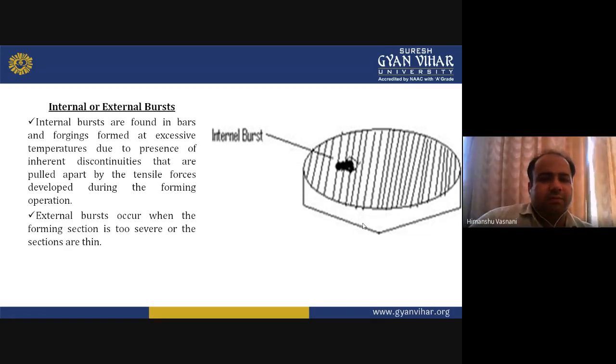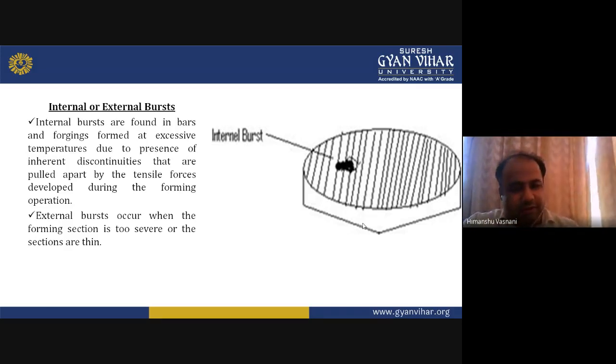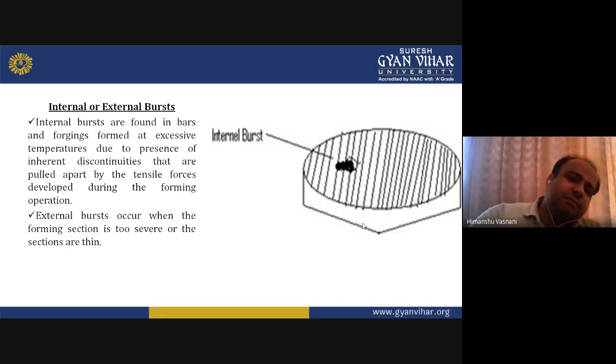An external burst occurs when the forming section is too severe or the sections are thin. It's very simple to understand. If something happened on the internal of the workpiece due to excess temperature, if there is some cavity, it releases gases very easily.